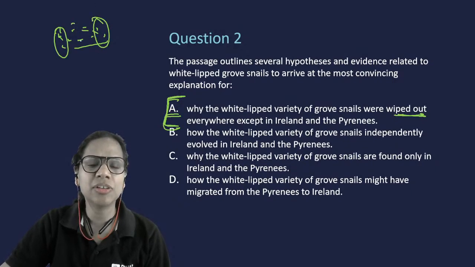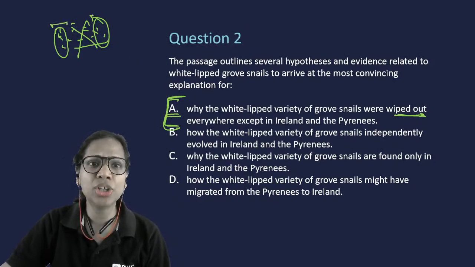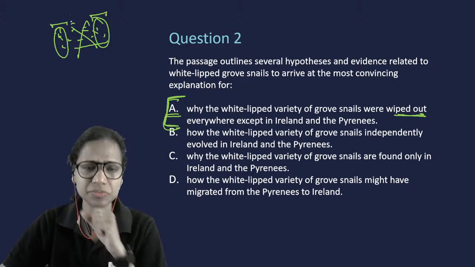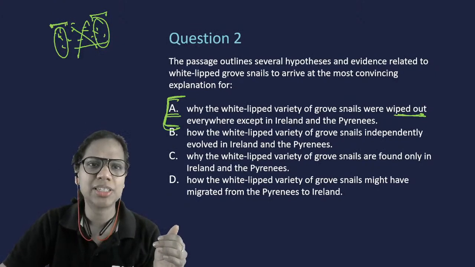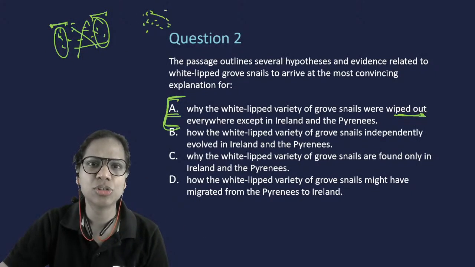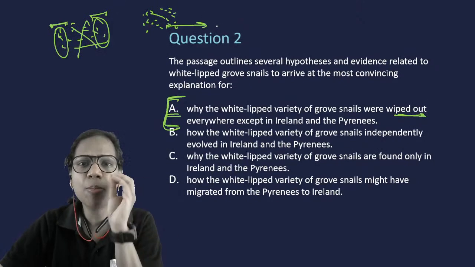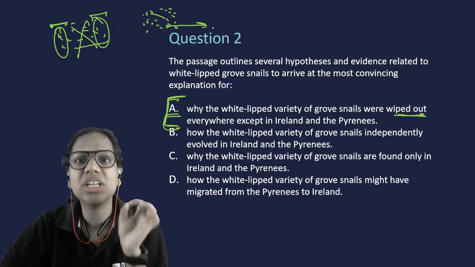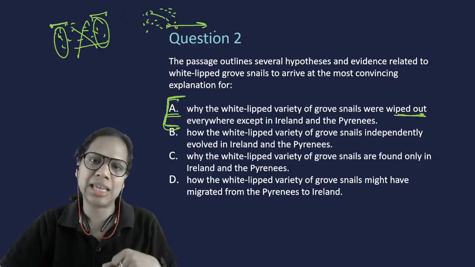They say these two particular types of snails were probably not present at any other place. Because if they were present at other places also, then we would find some of the same gene types, right? At least some of them with the same gene type would have been found, but they were not found. The passage clearly tells us that.